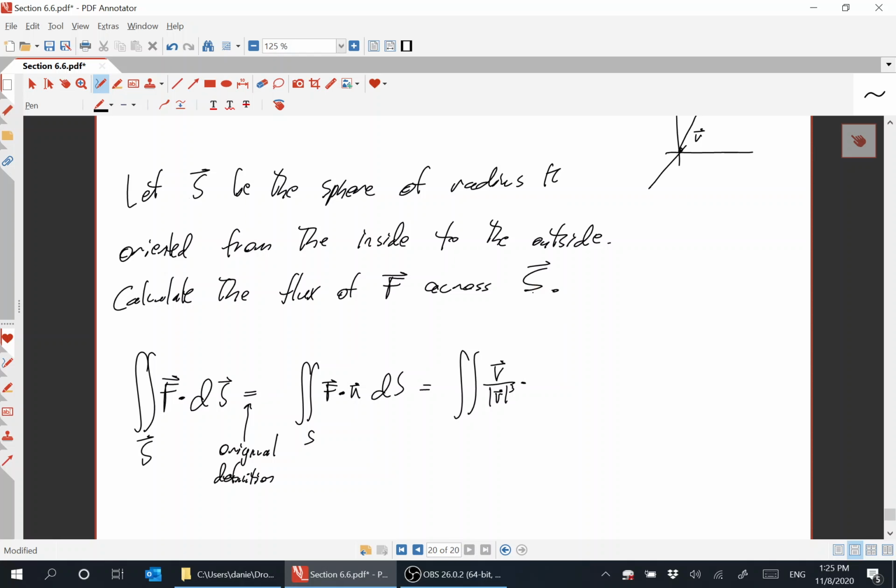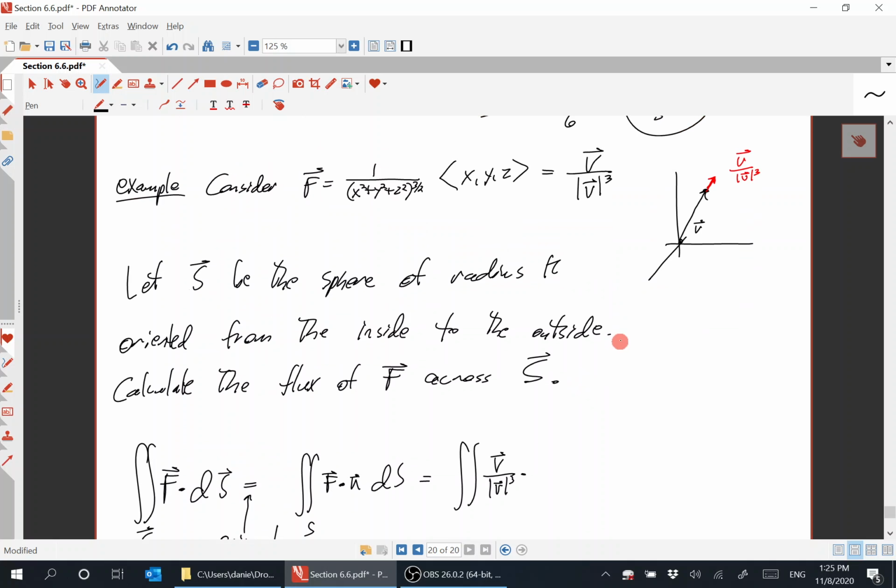What is perpendicular to the sphere? Perpendicular to the sphere is its radius. The radius of a sphere is always perpendicular to it.